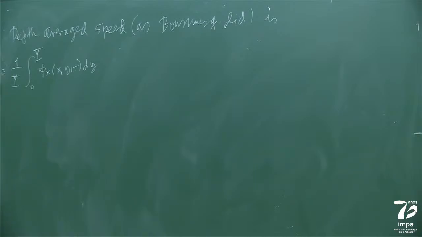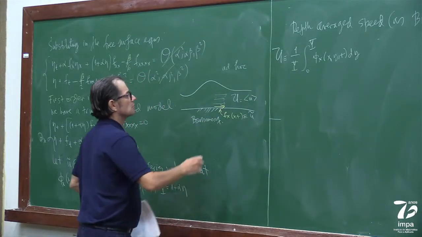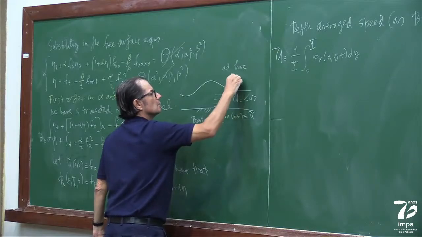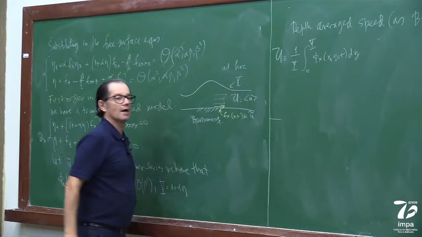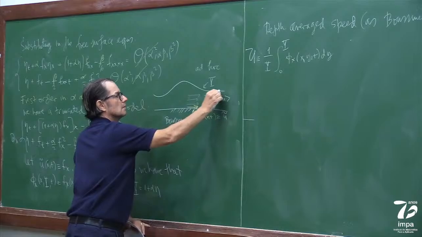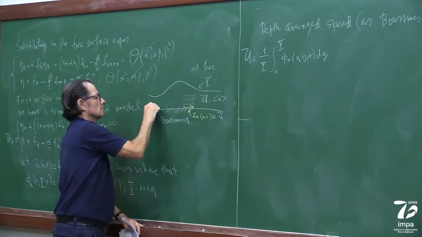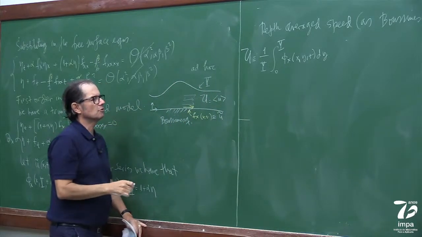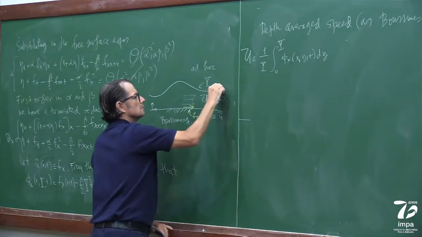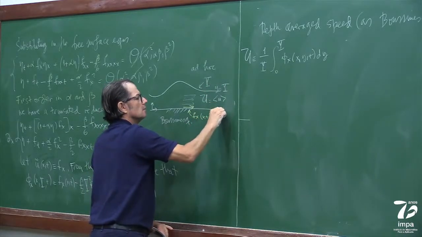Capital U is the depth average. Look, this is y, the free surface. This is 0.